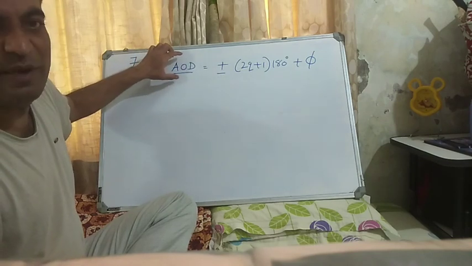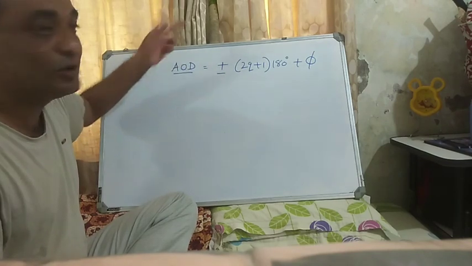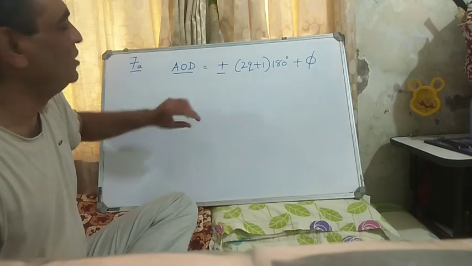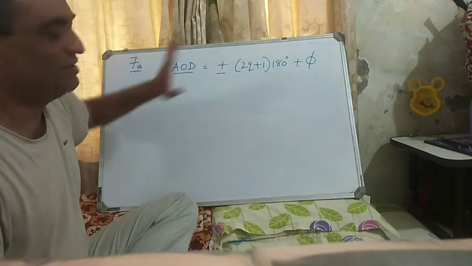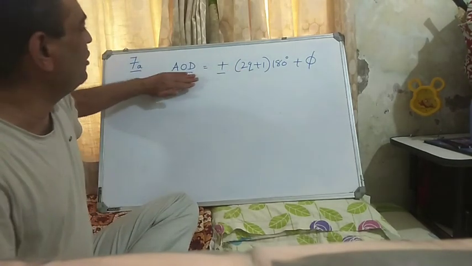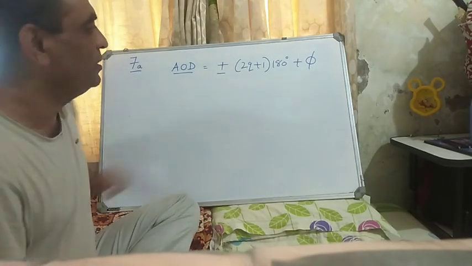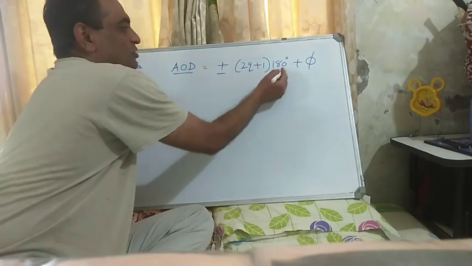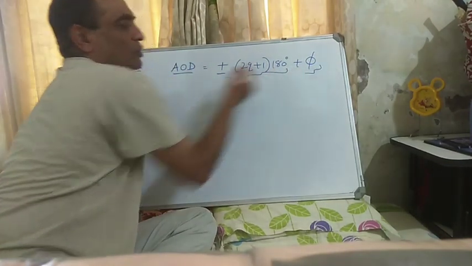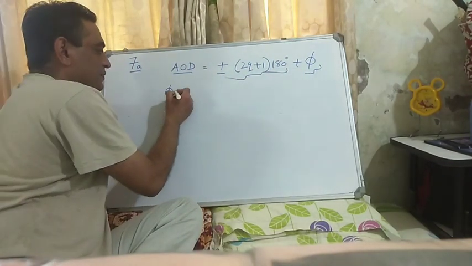Because angle of departure is for complex poles. So there are two poles, they occur in a complex conjugate pair. So one would be plus, another would be minus. So angle of departure is given by (2q plus 1) into 180 plus phi. Everything is known, but phi is unknown. So what is phi?